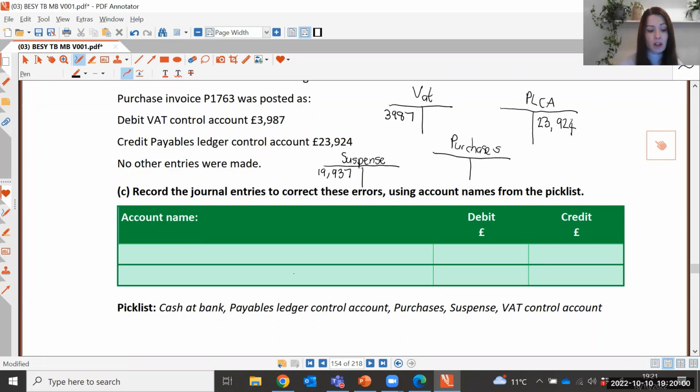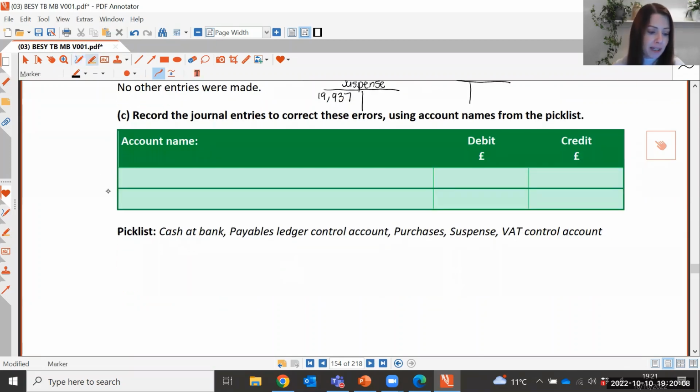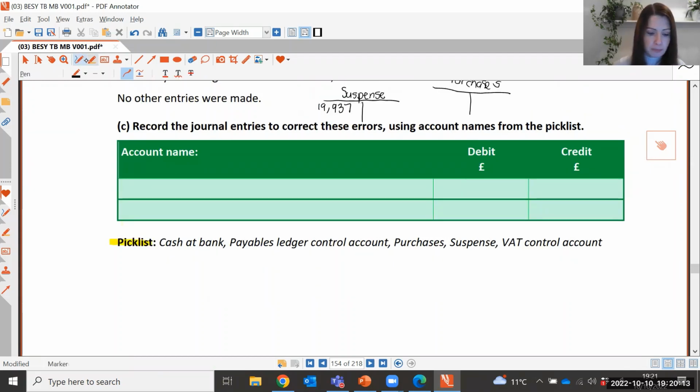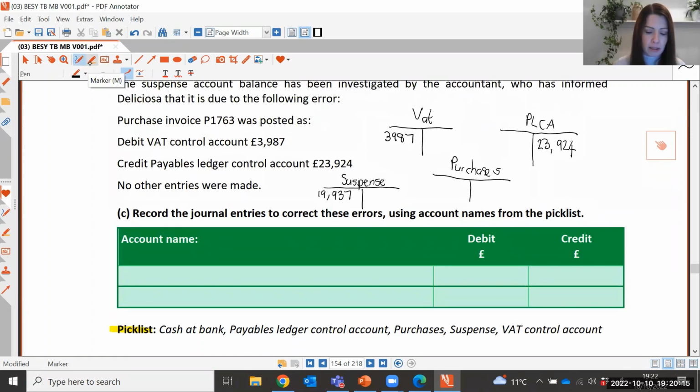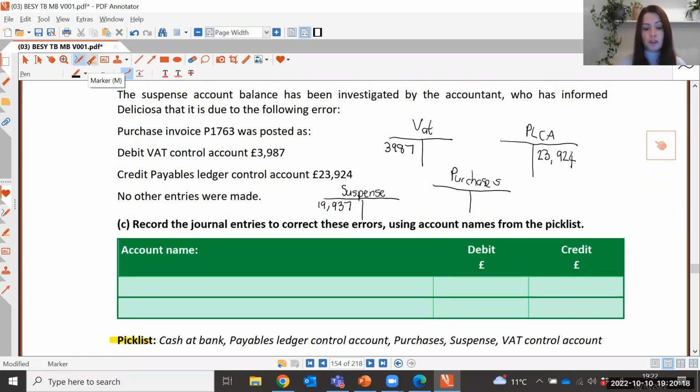Part C is saying record the journal entries to correct these errors using account names from the pick list. So you can see down here, we've got a pick list of names which we can use. Now, the net amount should have been debited to purchases. So therefore, to correct it, we need to debit purchases £19,937. So we're going to debit our purchases account.